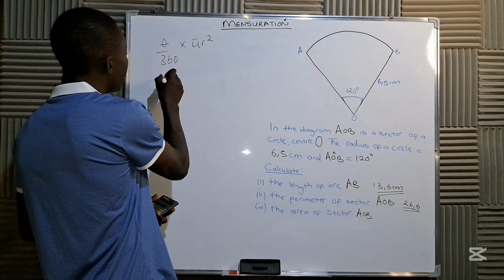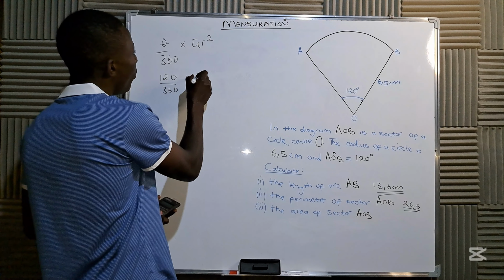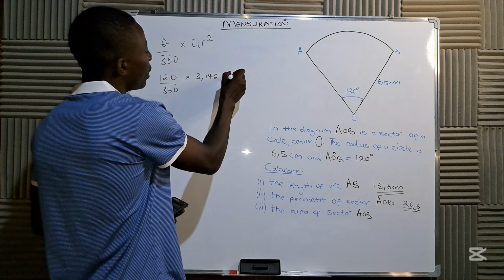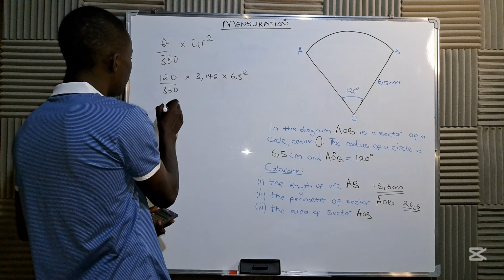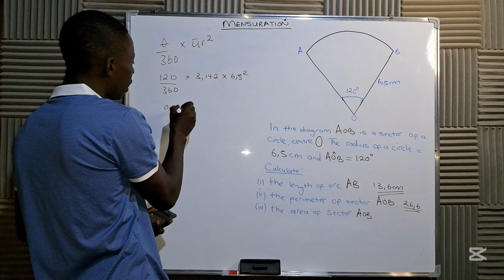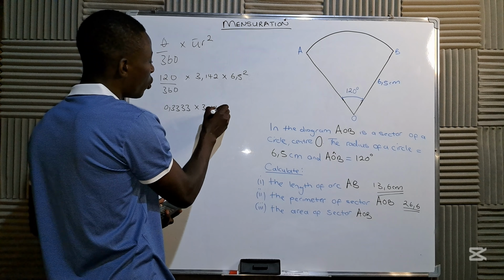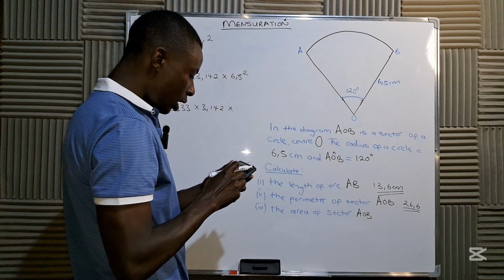So our theta is 120 divided by 360 times our pi, which is 3.142, times our radius, which is 6.5 squared. So here we get 0.333 times 3.142 times 6.5 squared.